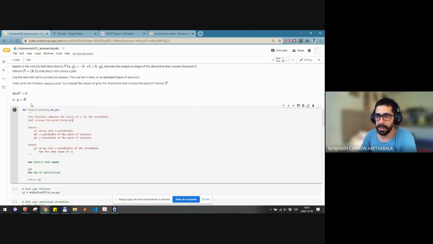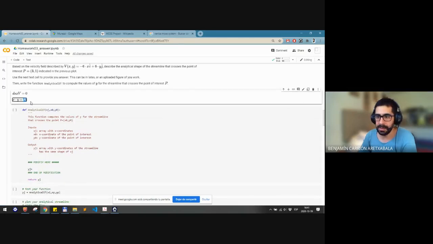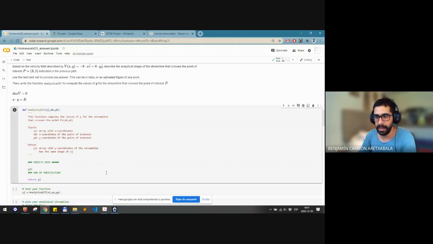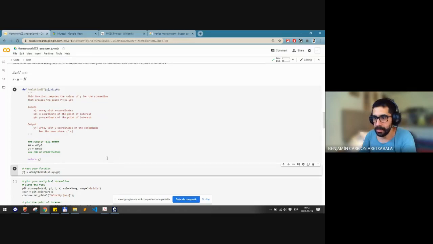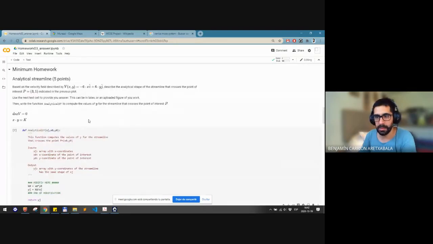And the only thing is that you need to find this k, this constant, for the streamline that you're analyzing. And since you're given the point, basically the constant for your streamline is just x0 times y0. And then your y's are just k divided by x, and the vector x that you're being given. If you run this, this should be it, right? You can explain it in more detail, but that was it.